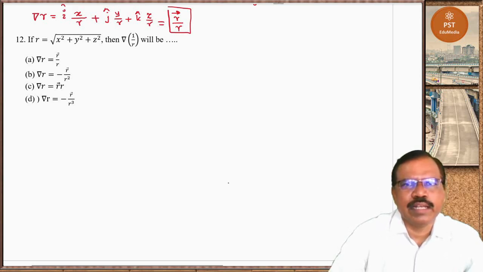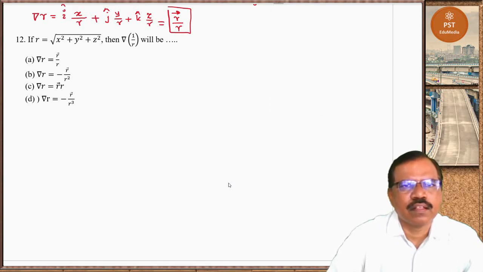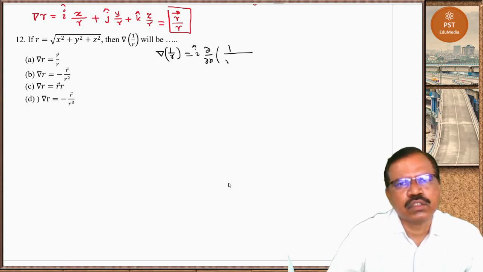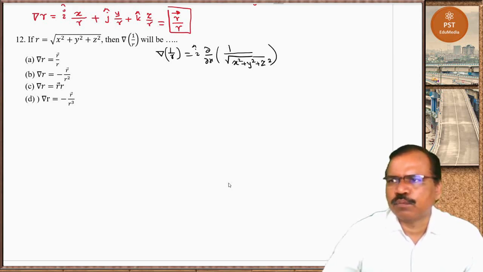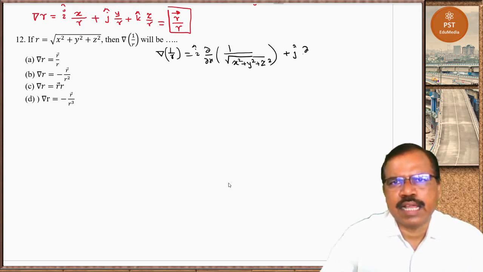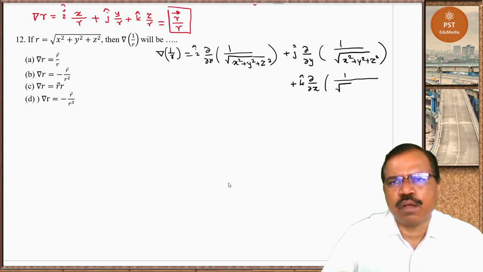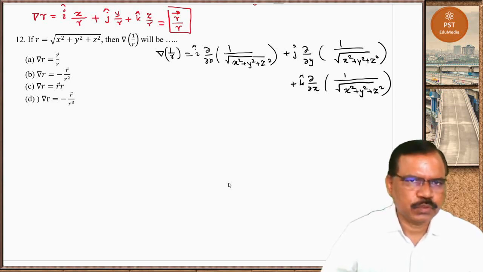So you will get here del of 1 upon r will be i times partial derivative with respect to x of 1 upon square root of x square plus y square plus z square, plus j times partial derivative with respect to y of 1 upon square root of x square plus y square plus z square, plus k times partial derivative with respect to z of 1 upon root of x square plus y square plus z square.